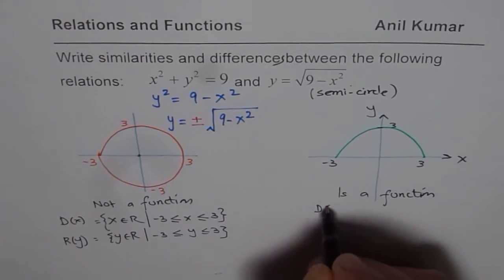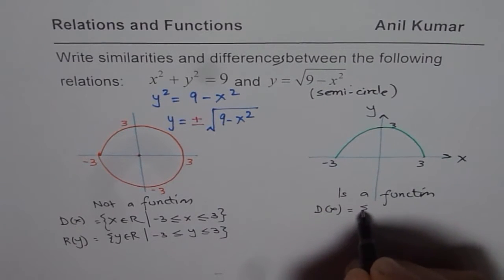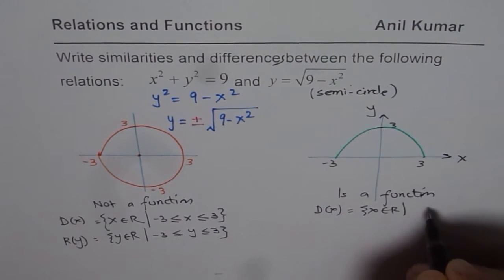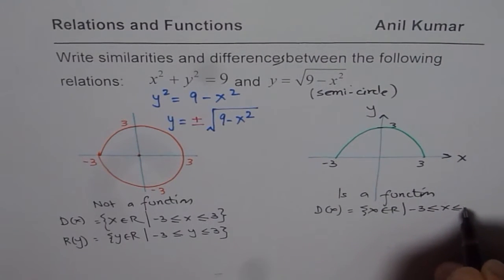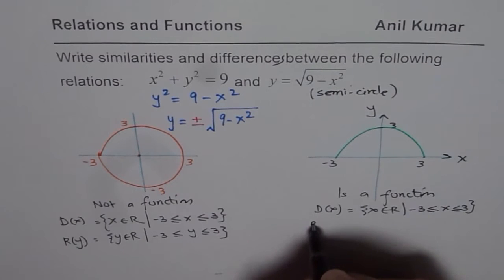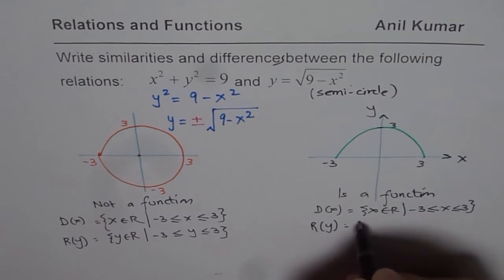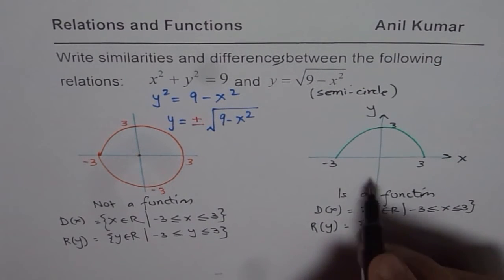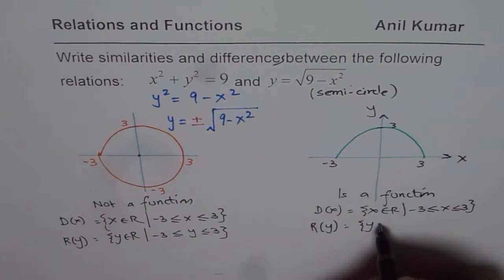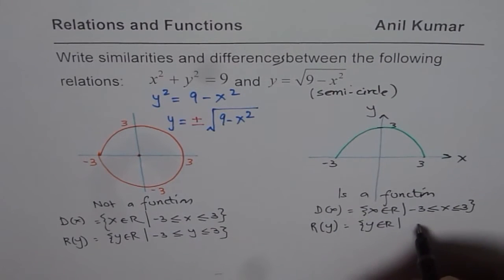Here the domain is the same, which is x belongs to real numbers between minus 3 and plus 3. However, the range is different, right? In the case of range, we have positive values including 0, right? So here y is greater than or equal to 0 and less than or equal to 3.